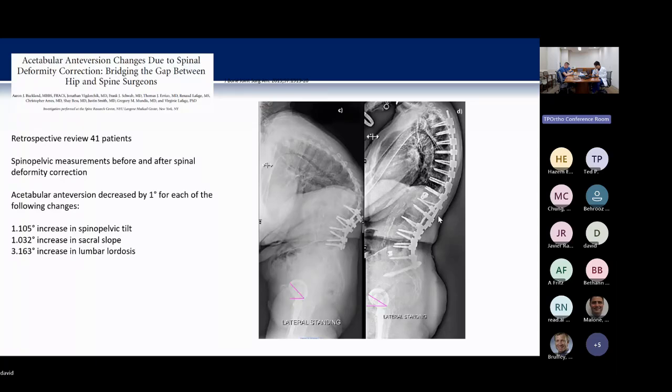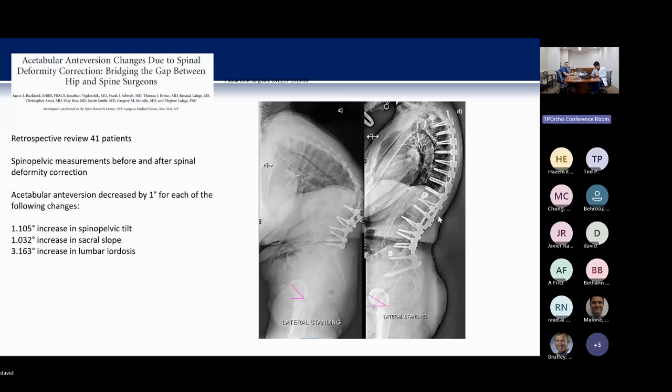This study tried to measure how flat back contributes to acetabular anteversion. In their estimation, for every 1 degree of increased pelvic tilt, you end up with 1 degree of increased anteversion. And similarly, for every 3 degrees of lumbar lordosis, you get 1 degree of anteversion.